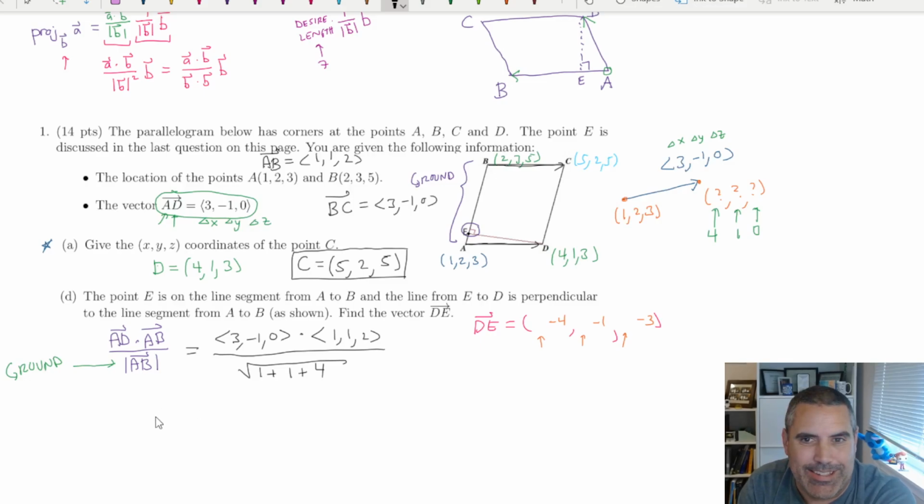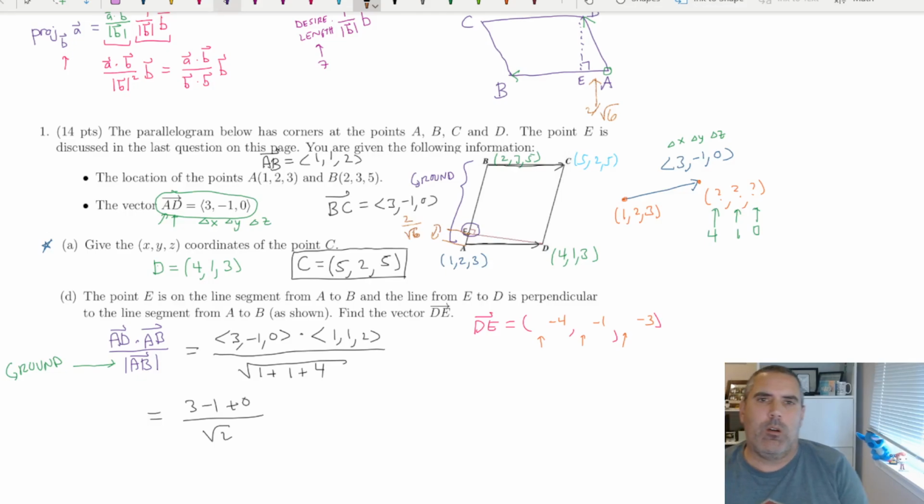So that projection length is 3 minus 1 plus 0 over the square root of 6. So this little length here, from A to E, I now know, is 2 over the square root of 6. There's lots of ways I could write that. 2 over the square root of 6.